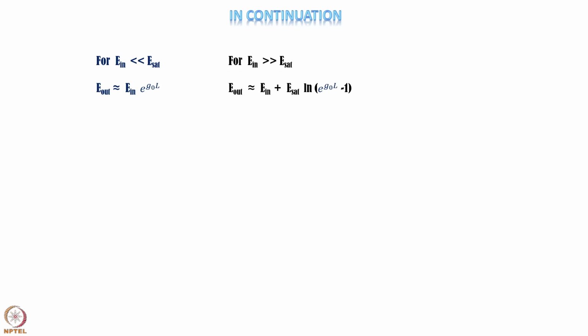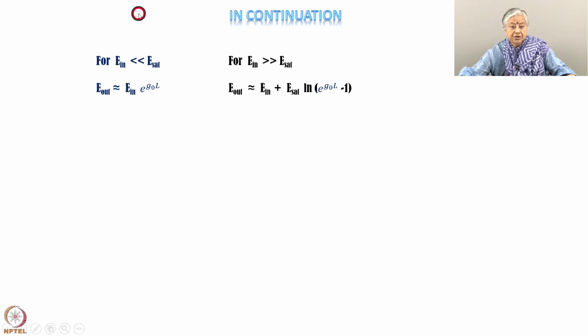Here I take the case where the Frank-Nortwick formula, which was a general case, reduces to E out equal to E in e to the power G0 L. This is what it reduces to when E in is much less than E saturation.